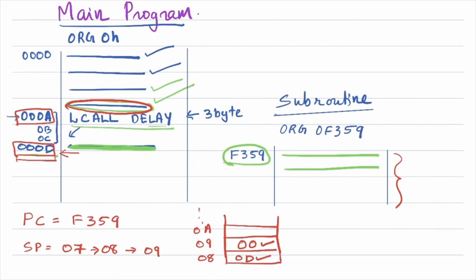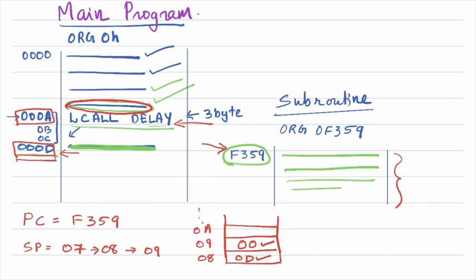Naturally, when the PC contains F359, the program execution will change to this memory location, and at this memory location we have our subroutine written. So we will execute the subroutine instructions, line number 1, 2.